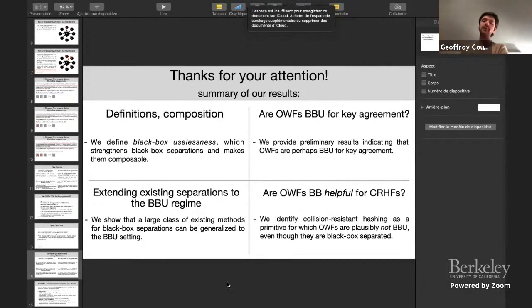So you can reduce the conjecture that one-way functions are black box helpful for collision-resistant hash functions to some conjecture about how one-way functions amplify in the presence of a random oracle, such as Simon's oracle. That's the reduction we have. So let's give a simple formulation of the question.